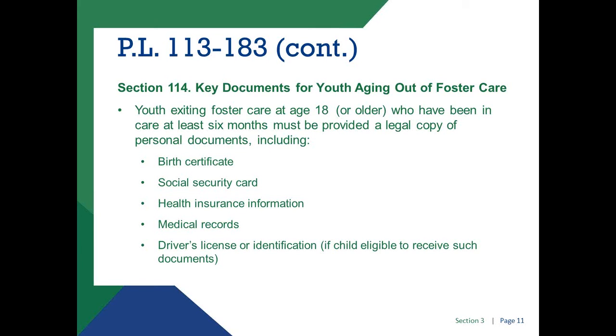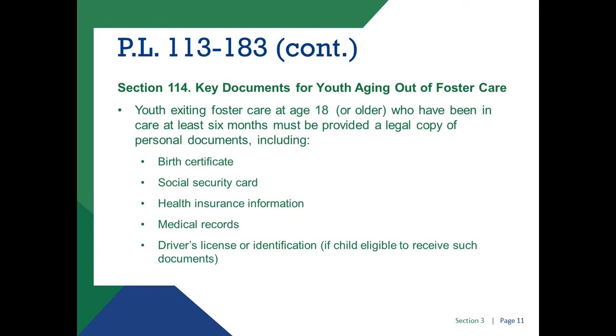And in regard to the health insurance information specifically, the law does not specifically require that the notification include foster youth's eligibility for Medicaid coverage to age 26 under the ACA. However, the agency could provide verification of the child's name, birthday, dates of time in care, and whether the child was in foster care on his or her 18th birthday, and whether he was eligible for Medicaid.